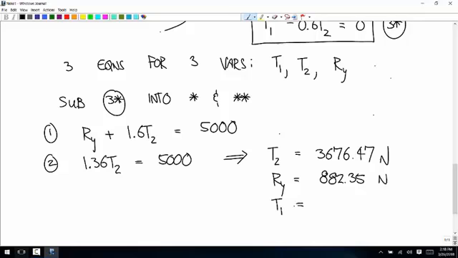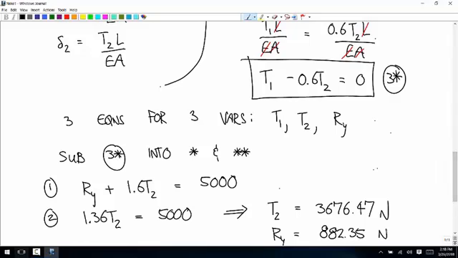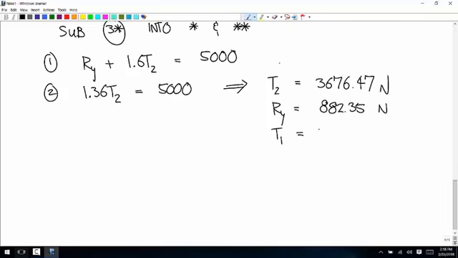And then T1 using equation 3 star. 2,205.88.